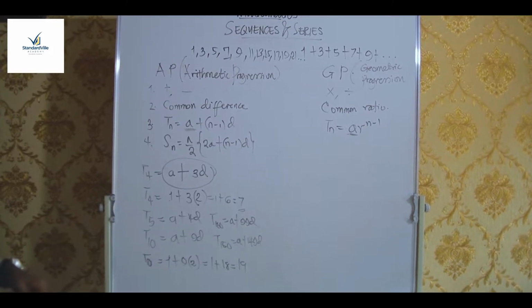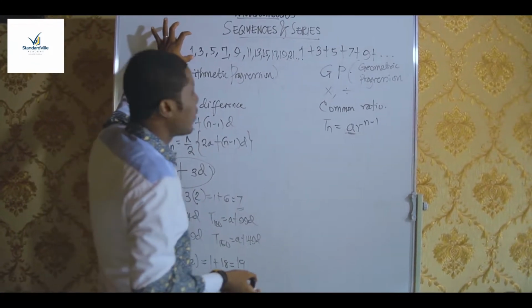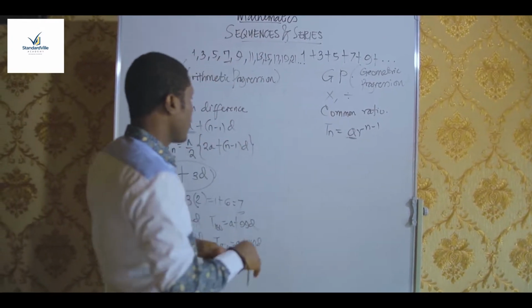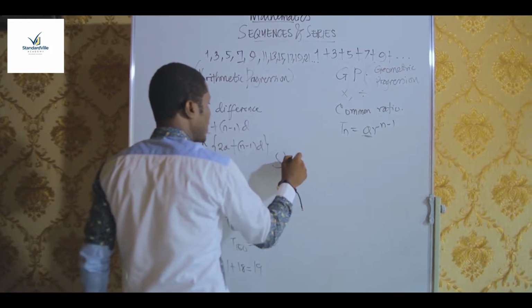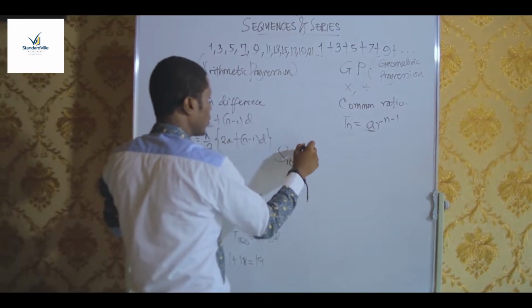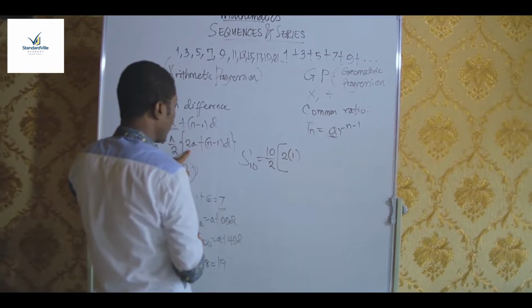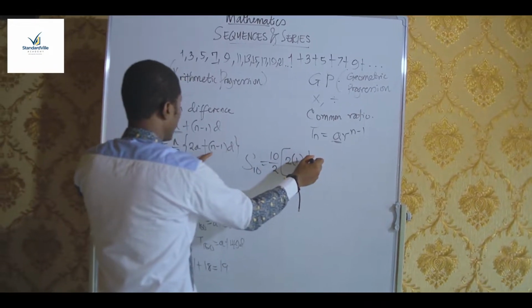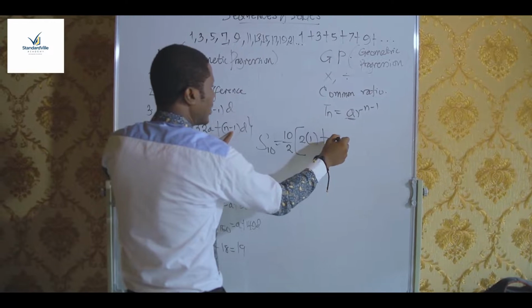Having seen that, what if we are asked to find the sum of the first 10 terms? Go back to this formula: 10 over 2, times 2a, which is 2 times 1, the first term, plus n minus 1, which is 10 minus 1, 9, times d.